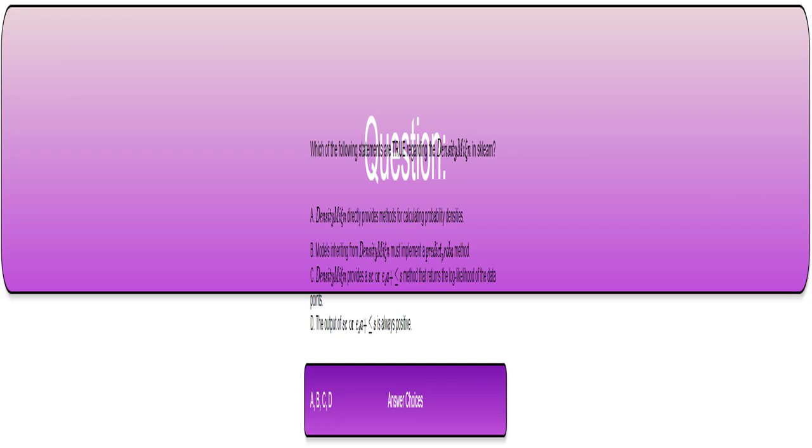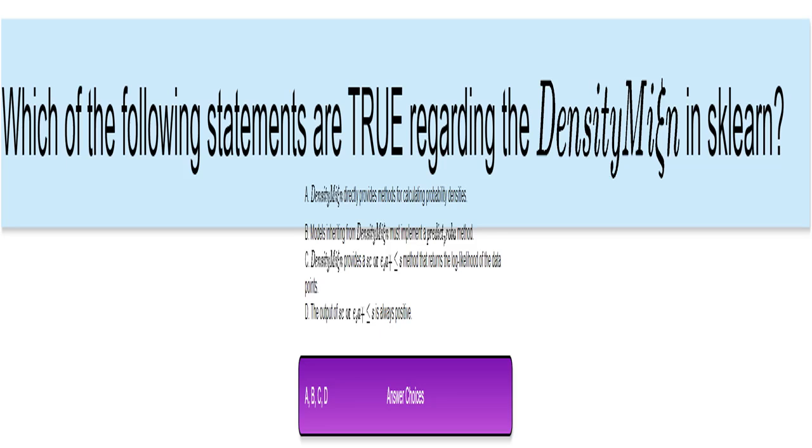This quiz will focus on what DensityMixin does and what you can expect from classes that use it. This statement is incorrect. DensityMixin itself doesn't do the calculations. Instead, it defines what methods a class must have to work properly. Think of it like a blueprint. It specifies the structure, but a specific building, the class that inherits from it, must build itself.